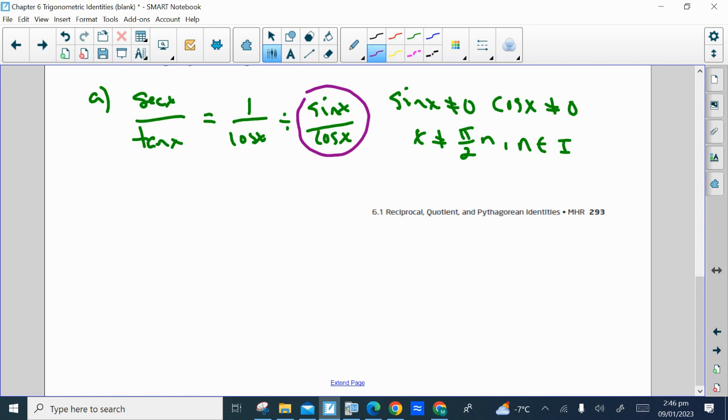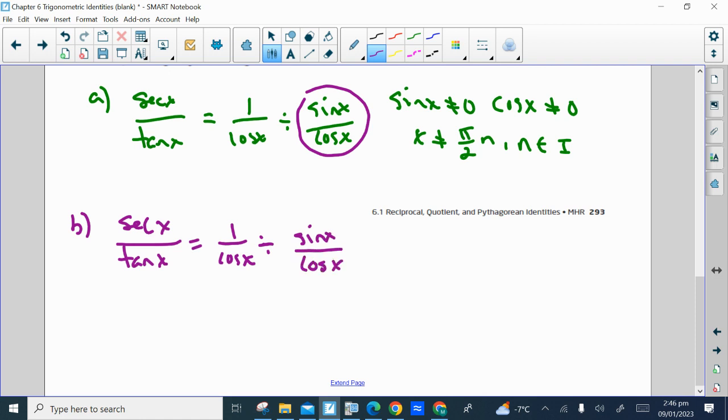Part B then says to simplify the expression. So secant is 1 over cosine of x, and that's divided by sine x over cos x. So this is the same step that we did above in order to get our non-permissive values.